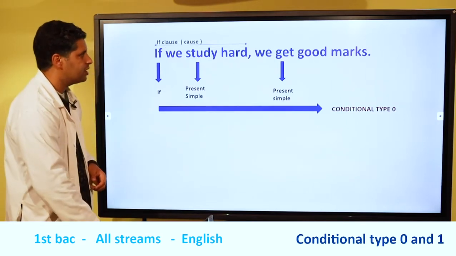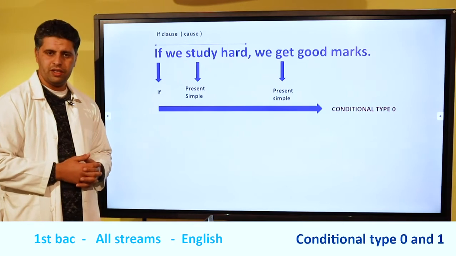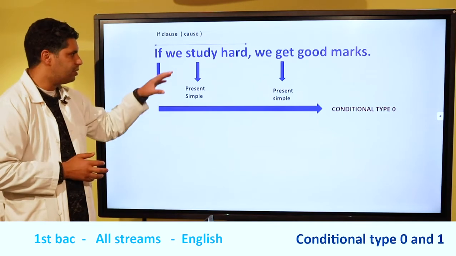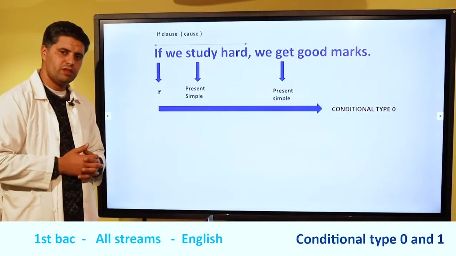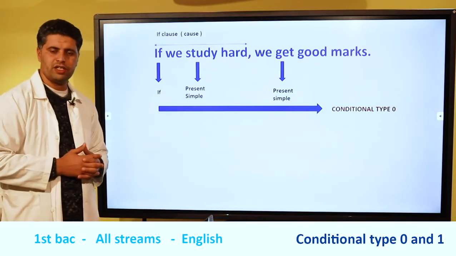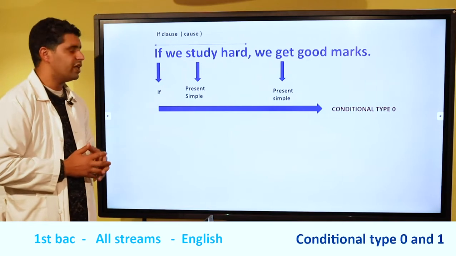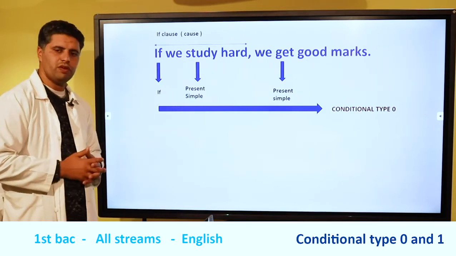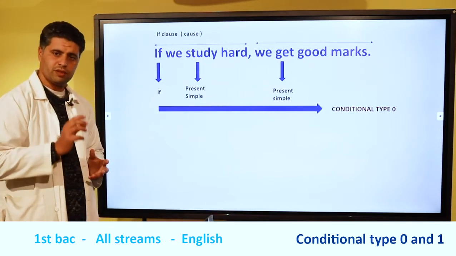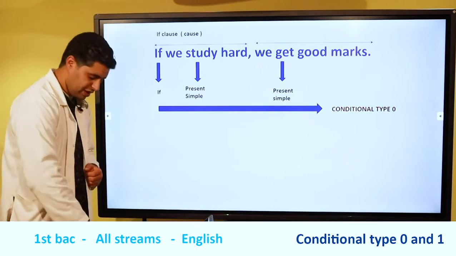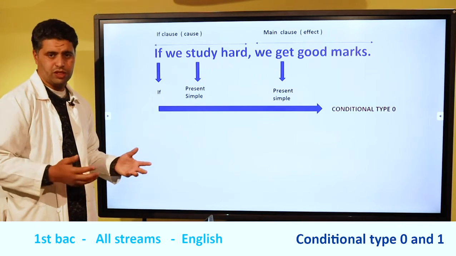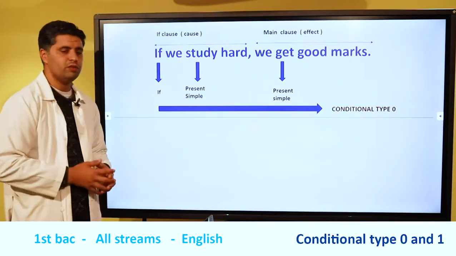We have the first part, which is the if clause, and it concerns the cause, the reason. We express the cause, and that's why we have used the conjunction if and started with the if clause. And the second part reflects the effect, for which we use the main clause, which is used to express or to show the effect.